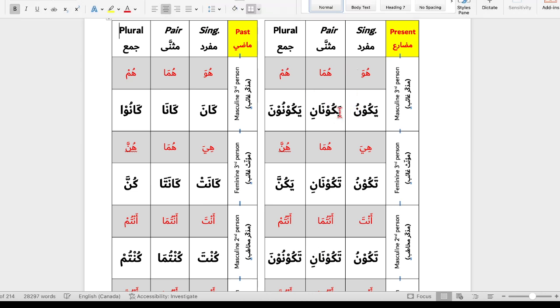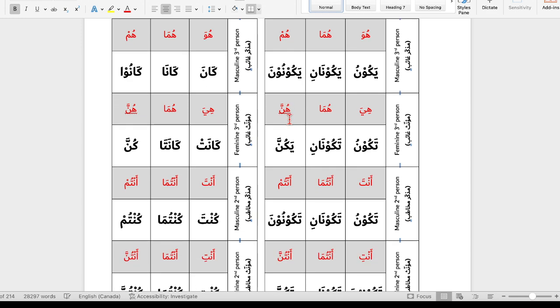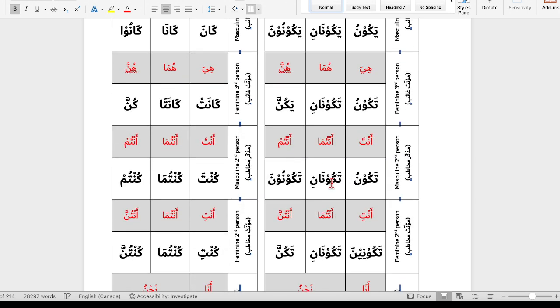So huwa yakunu, huma yakunani, hum yakununa, hiya takunu, huma takunani, hunna yakunna, anta takunu, antuma takunani, antum takununa. So the presence of noon means this is fi'l mudare marfu, but if you want to make it majzoom, you have to remove the noon. For fi'l mudare mansoob and majzoom, the noon is removed in this case. So it will change to takunu.